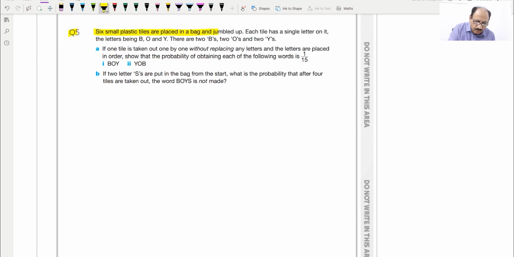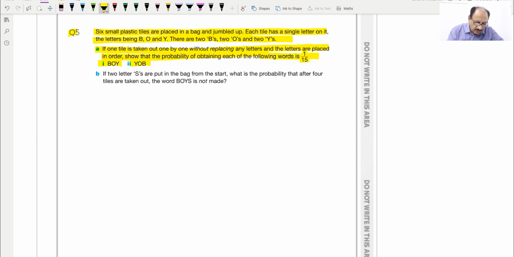6 small plastic tiles are placed in a bag and jumbled up. Each tile has a single letter on it, the letter being B, O, and Y. There are 2 B's, 2 O's, and 2 Y's, and we need to answer these questions. A part says if one tile is taken out one by one without replacing any letters, and the letters are placed in order, show that the probability of obtaining each of the following words is 1 by 15.